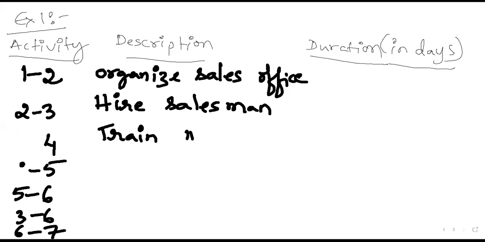This should become 3-4. Why? Because once hiring is done, the training activity should start. Correct.